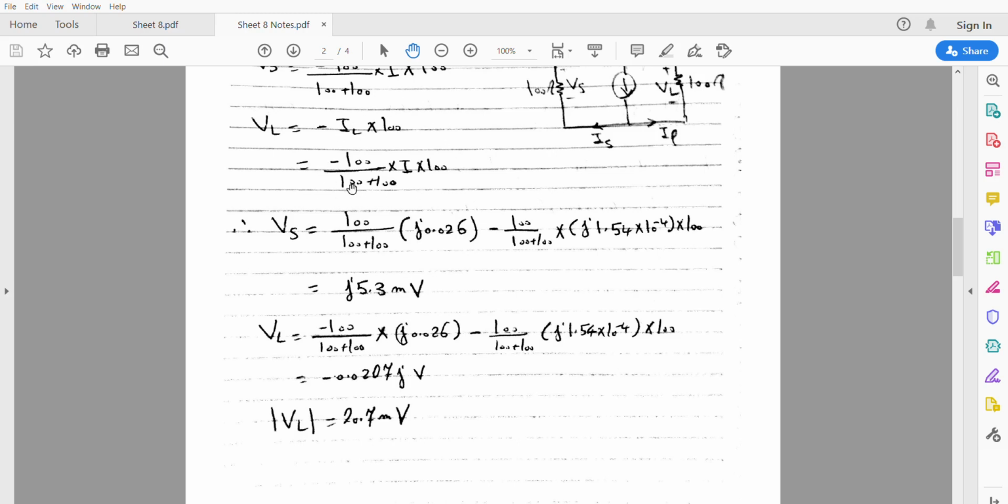So I will get this value here, and I will substitute I by j1.54 times 10 power negative 4, and finally I get the value of the induced voltage at the load, which is equal to negative 0.0207j. And if we need the absolute value, I just remove the negative sign and it will be equal to 20.7 millivolt.